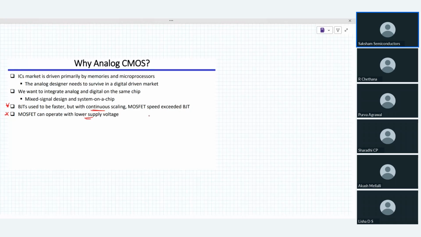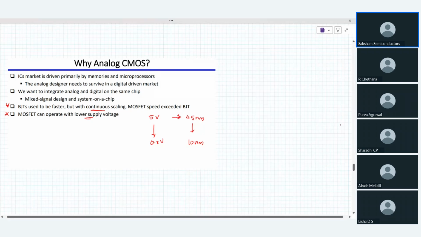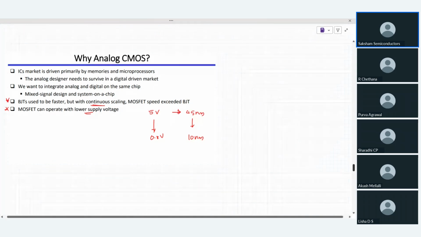So if a MOSFET is working at 5 volts for, let's say, 45 nanometer technology, then the same MOSFET, if it is scaled down to let's say 10 nanometer, my supply would also be reduced from 5 volts to, let's say, 0.8 volts, and effectively my threshold voltage. So at lower voltages, my MOSFETs can work better, and that is the reason why we went with the MOSFETs as compared to the BJTs.